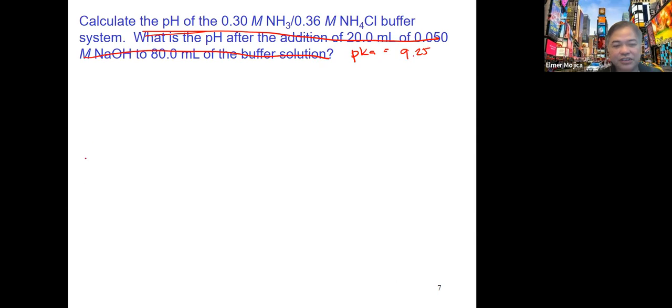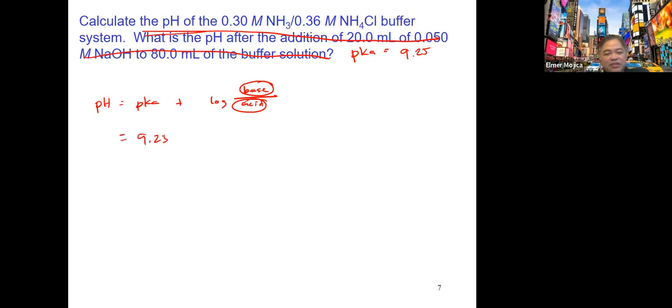So it's just the Henderson-Hasselbalch equation. pH equals pKa plus log base over acid. What's the common mistake here? Students cannot identify which is the base and which is the acid.